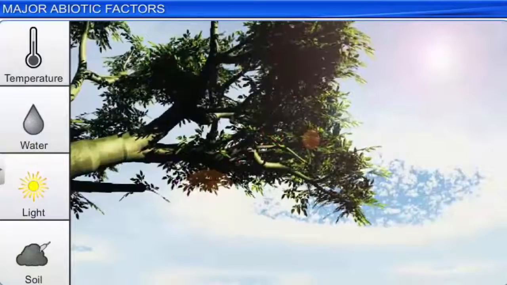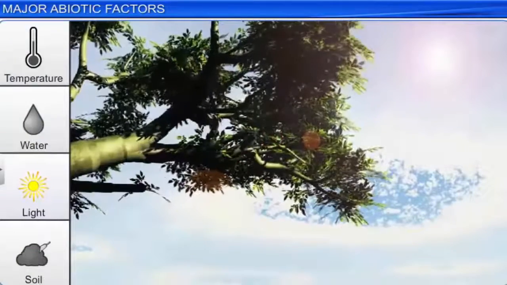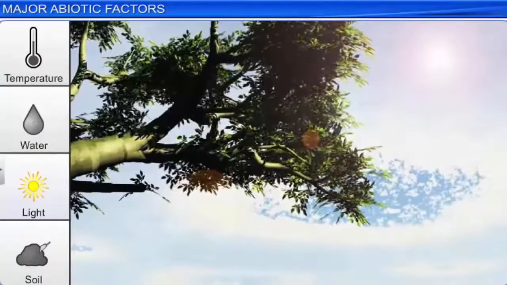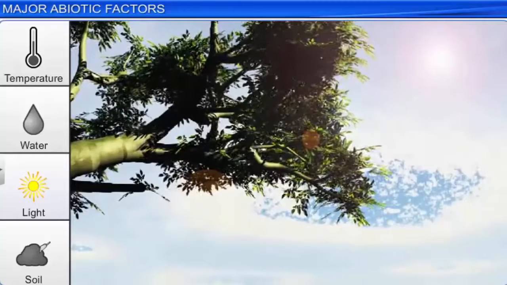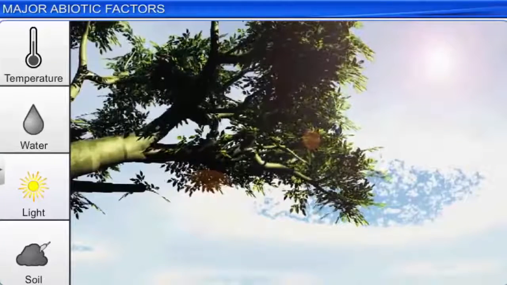Apart from temperature and water, light is another abiotic component of the environment that affects living organisms. Plants, for instance, require light for photosynthesis and growth. In forests, many small shrubs and herbs are overshadowed by tall canopied trees and therefore receive very little sunlight.